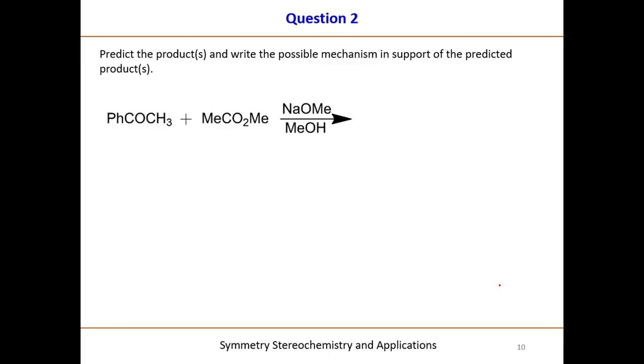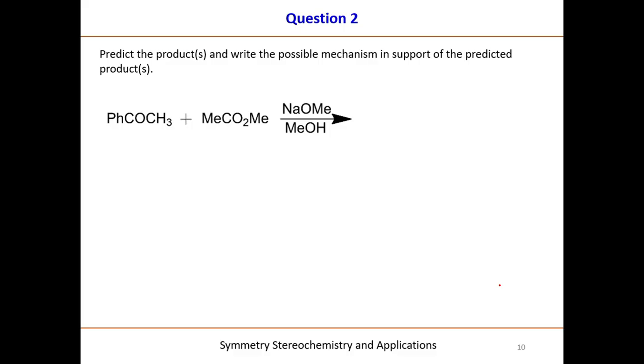Sorry. The next question is here. Again, the same way, the question is different here. We have discussed the aldol condensation example, but this is a question of Claisen condensation. What is Claisen condensation?